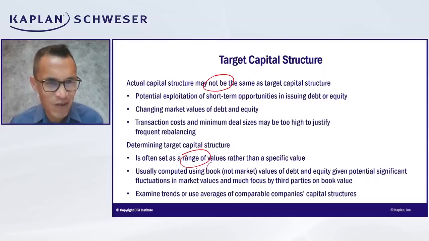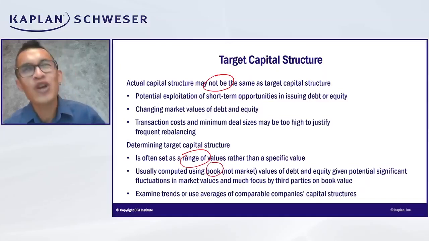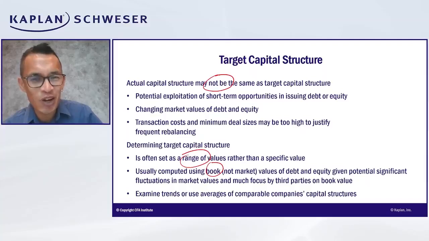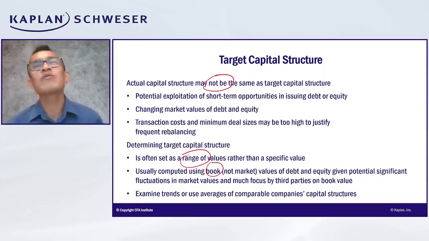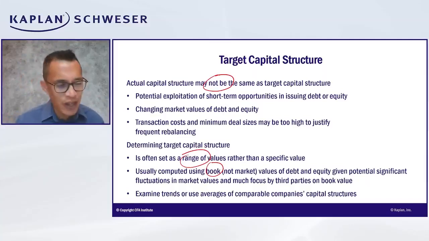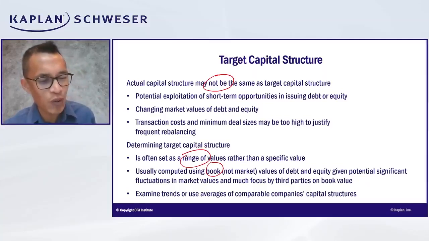And that's the confusing part here, because we tell you that when we are determining the weights, they are based on market value. But if we're doing specifically target capital structure, then you have to remember that we're using book values. And that's, as I said, very different from the way we calculate WACC.